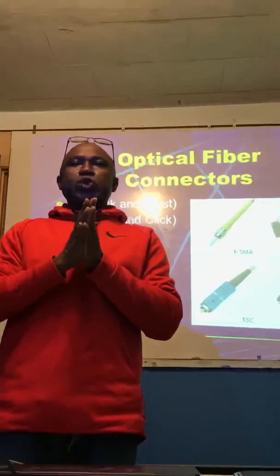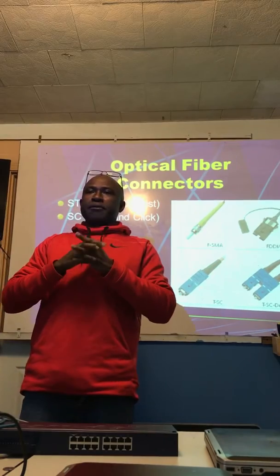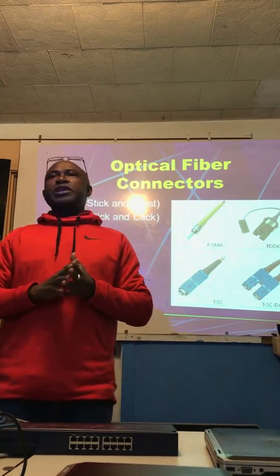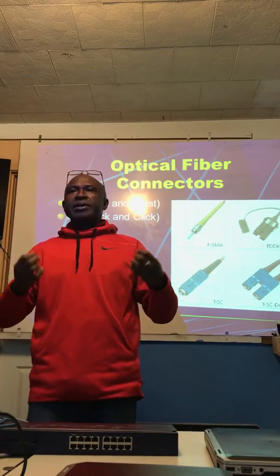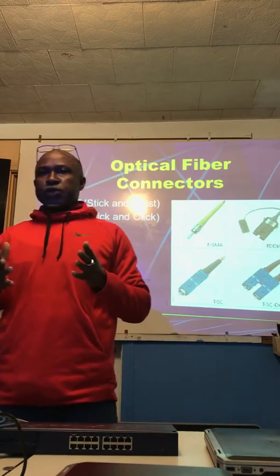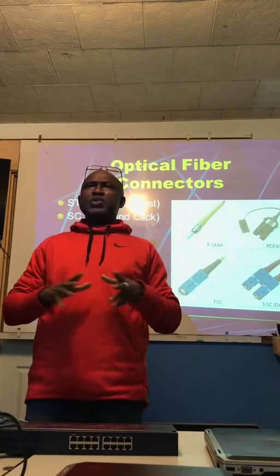So what you need to know for your class is that there are many types of media you can use. Coaxial cable is obsolete, but they still use it to bring the signal to a building. And you can use twisted pair cable, but remember I said there are 2 types of twisted pair cable.